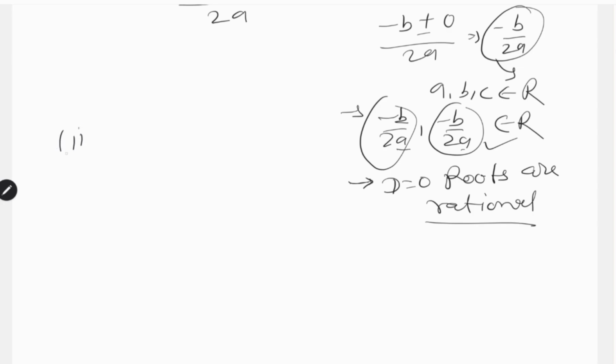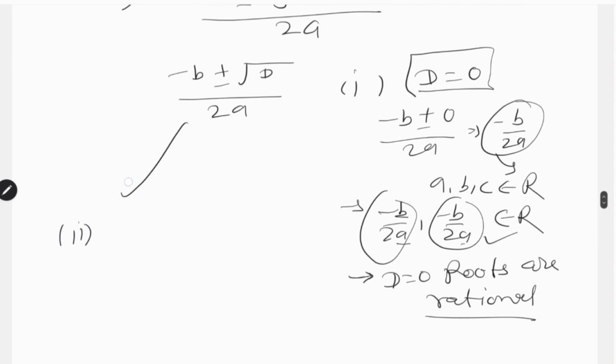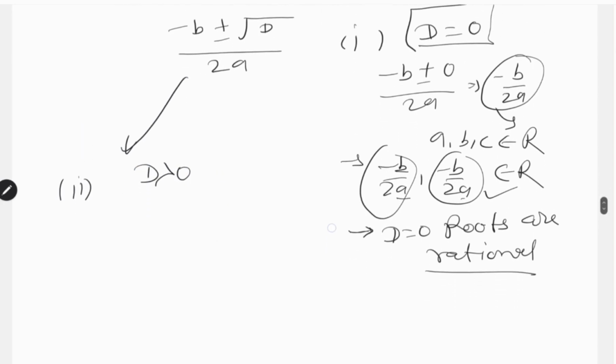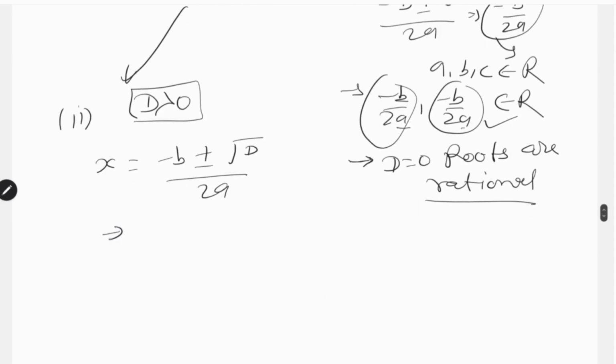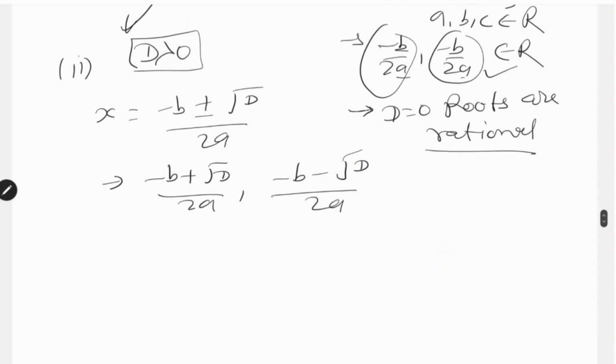Second condition: if D is greater than 0, then x = (-b ± √D) / 2a. The roots are (-b + √D) / 2a and (-b - √D) / 2a. What is D?